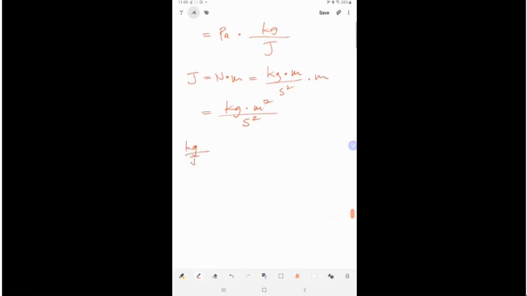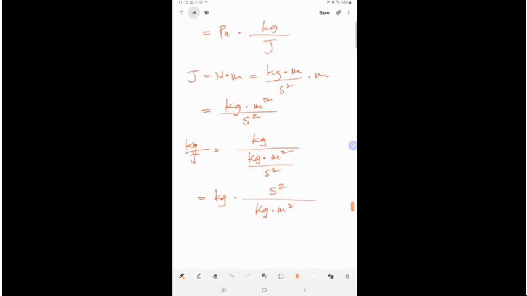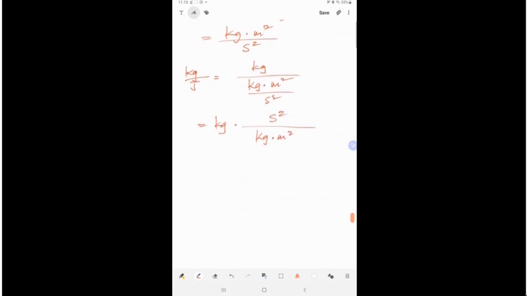Kilogram divided by joule is equal to kilogram, and then the joule we just found out is a kilogram meters squared over a second squared. So again, we can simplify this by inverting and multiplying. The kilogram from the numerator is multiplied by, when you invert, seconds squared in the numerator, and kilograms meters squared in the denominator.